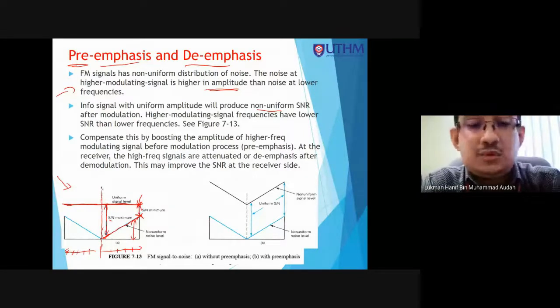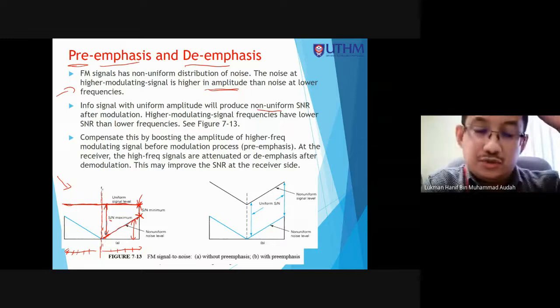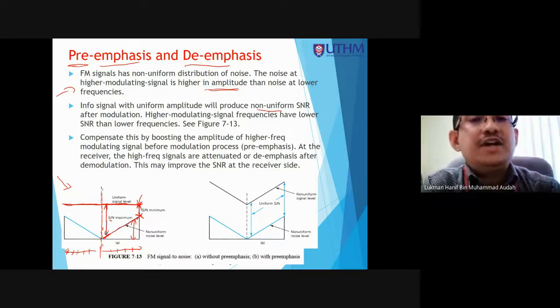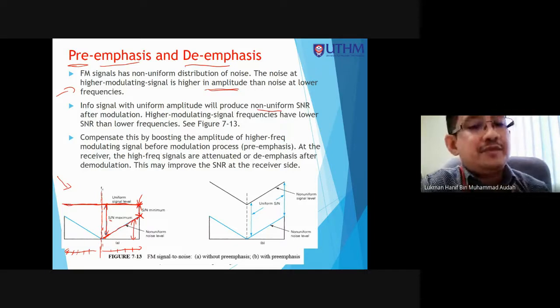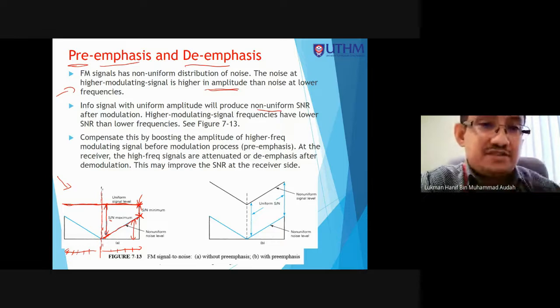But we can tolerate these issues by doing additional process. Kita boleh atasi masalah ini dengan melaksanakan proses pre-emphasis and de-emphasis.